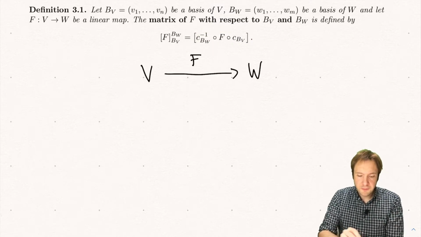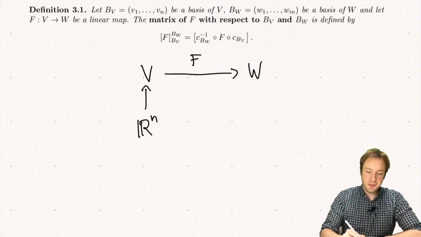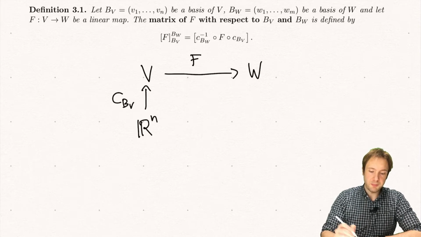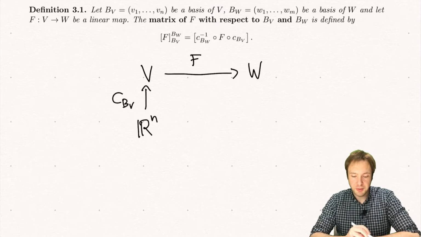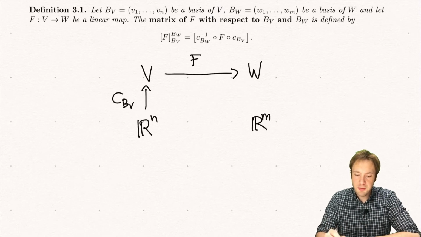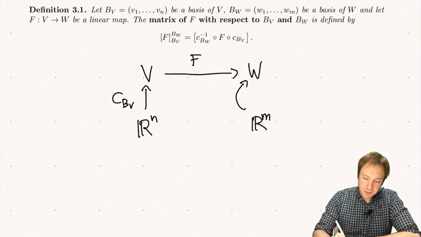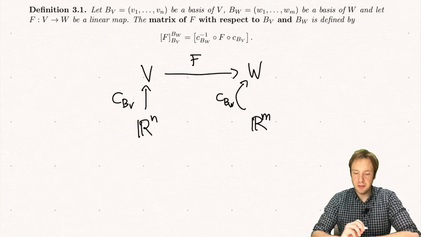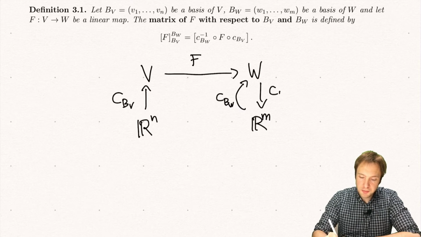Because V has dimension n, because the basis has n elements, we have a coordinate map from R^n to this vector space V. This is the coordinate map C_BV, the coordinate map with respect to the basis. But also for W, which has dimension m, because we have m elements here, we also have this coordinate map C_BW. Since C_BW is an isomorphism, we can also consider its inverse.